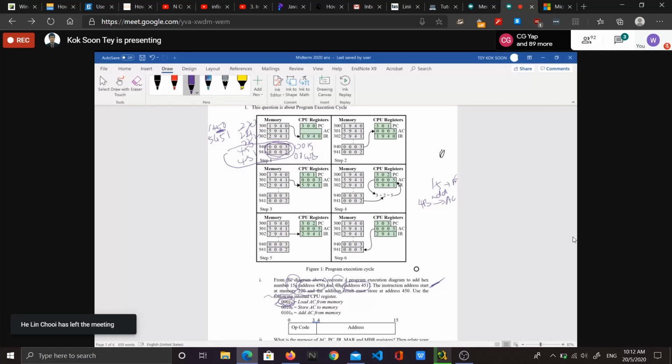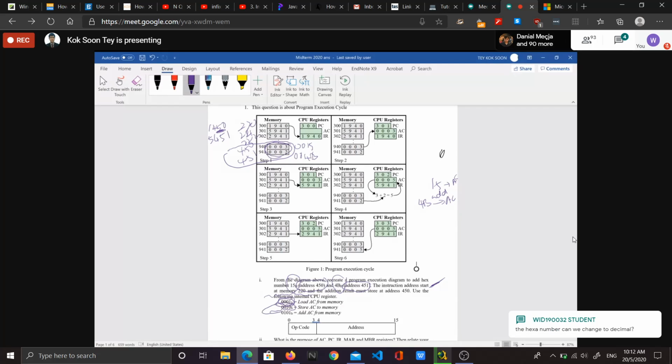After you add, what do you do? You need to store back the value in AC to memory. So you use store, which is 2. Store back to which location? They say it's 450, right? The result is stored at 450. So 2450.